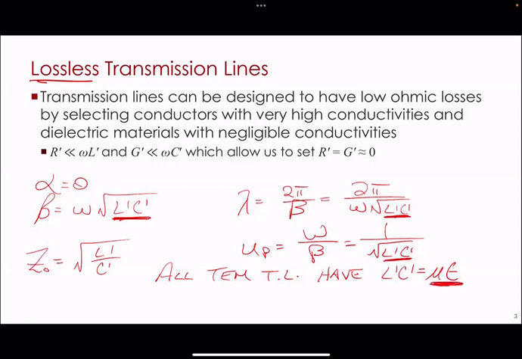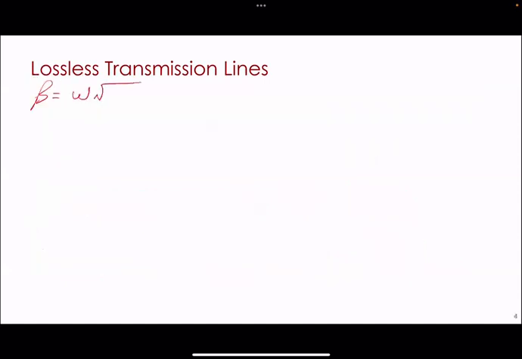So for beta, we have omega, but instead of square root L prime C prime, we have square root of mu epsilon. Beta has units of radians per meter. UP, our phase or propagation velocity, we had 1 over square root of L prime C prime, so we can go 1 over the square root of mu epsilon. It's in meters per second.